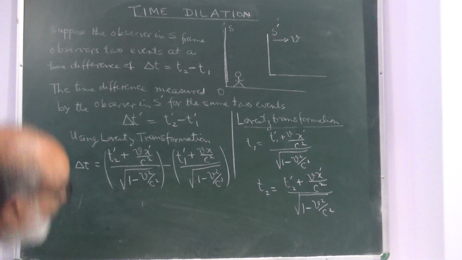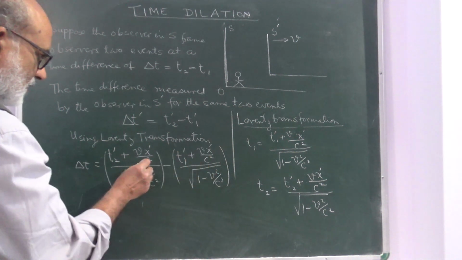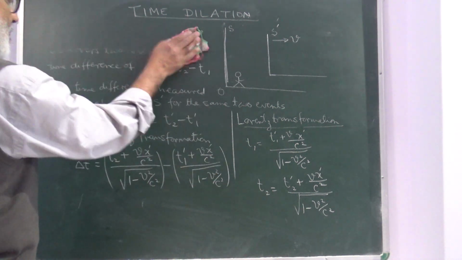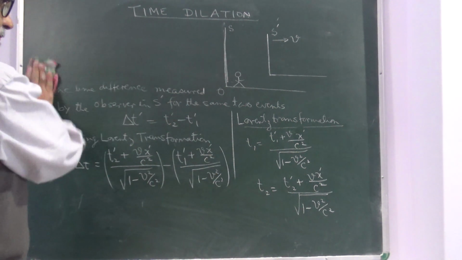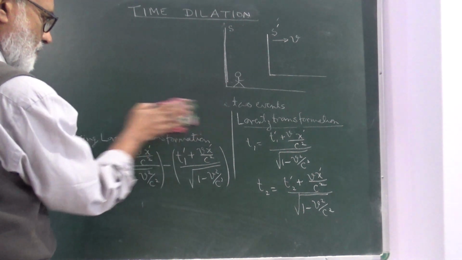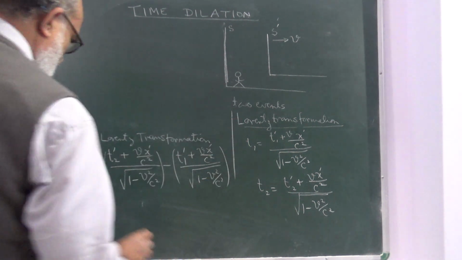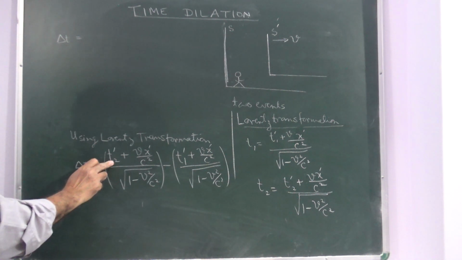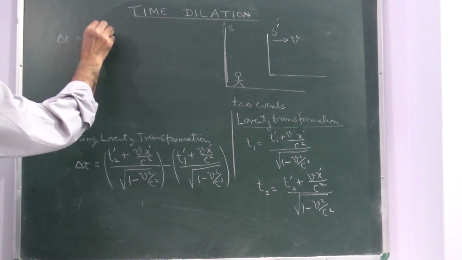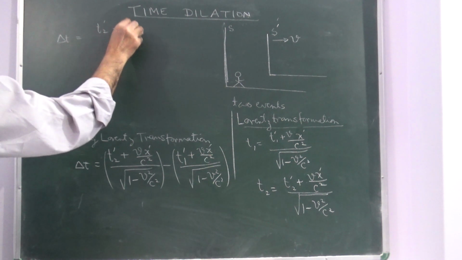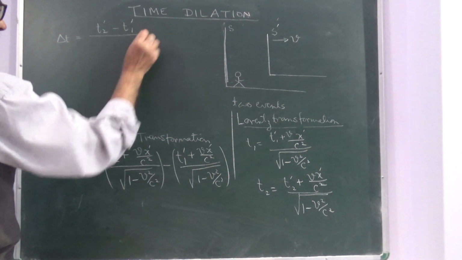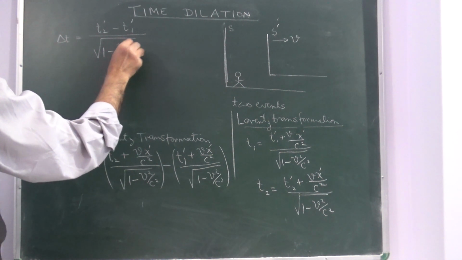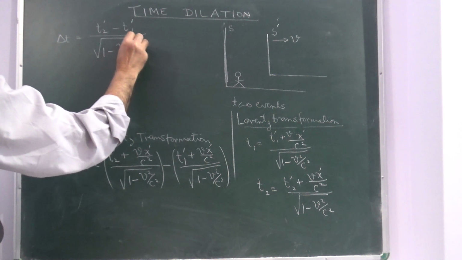So in that case, this term and this term will cancel out. So delta t will be T2 dash minus T1 dash over root of 1 minus v square by c square.